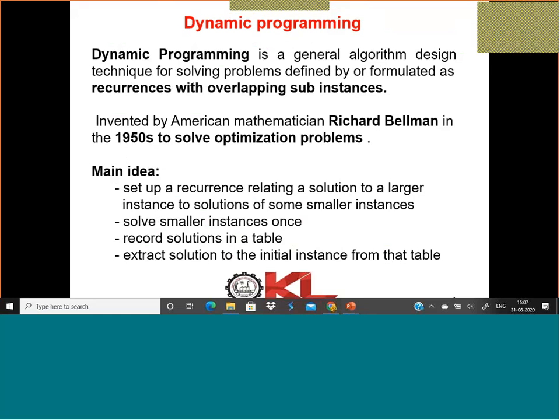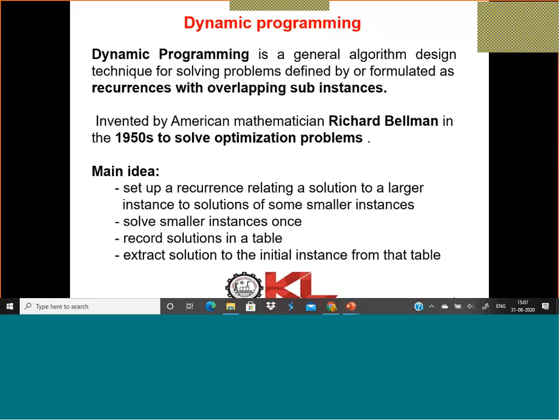In the divide and conquer model, whenever you divide the problem into subproblems, all these subproblems are disjoint. But here, in the dynamic model, the subproblems will repeat. The subproblems will arise repetitively. I will take one example so you can understand what exactly this overlapping of subinstances is.